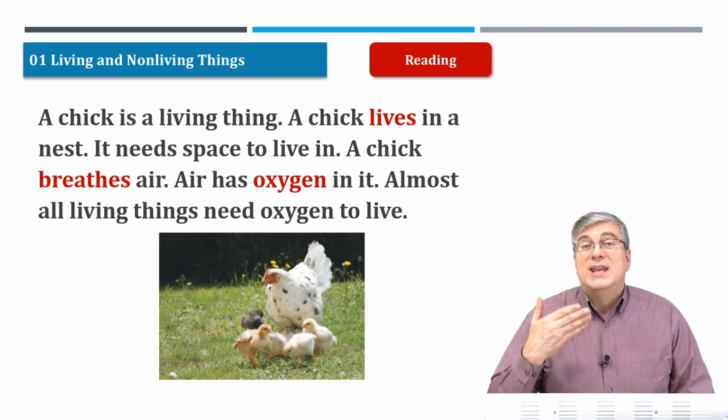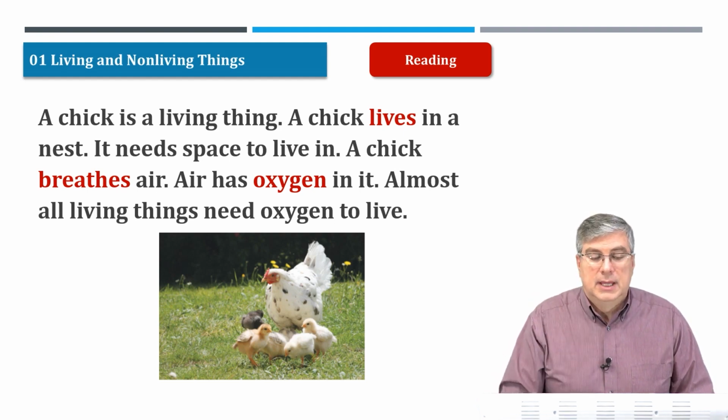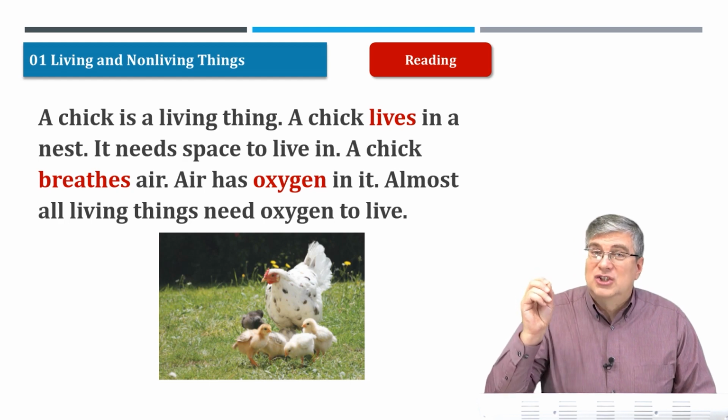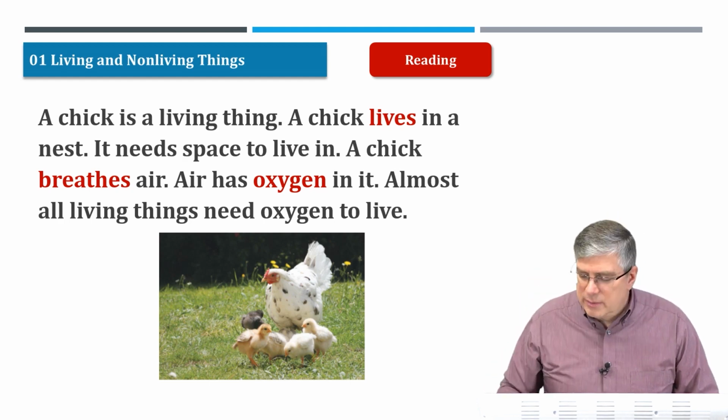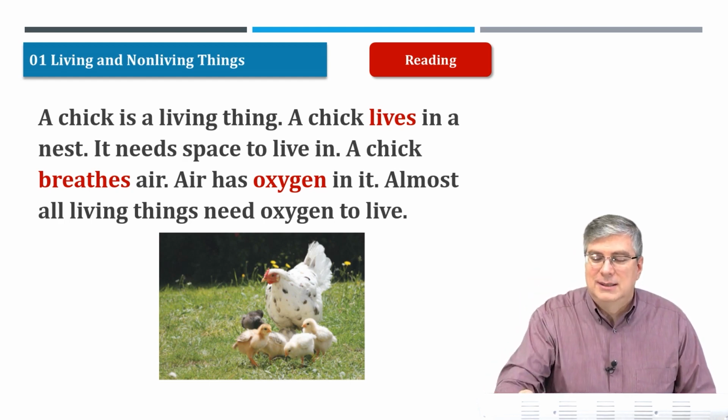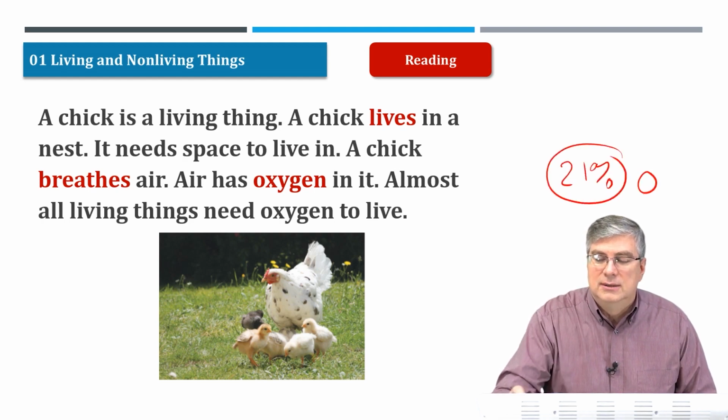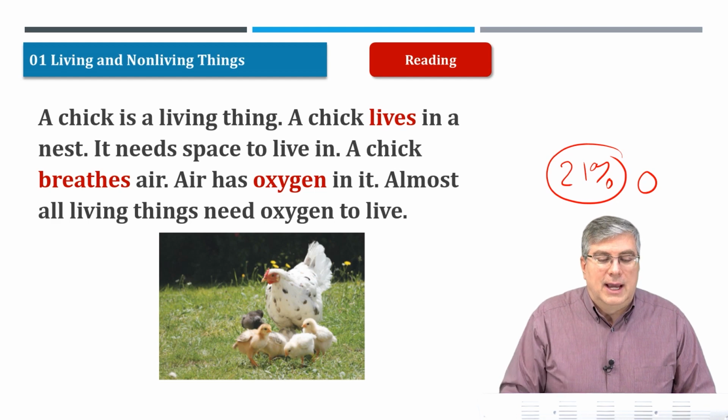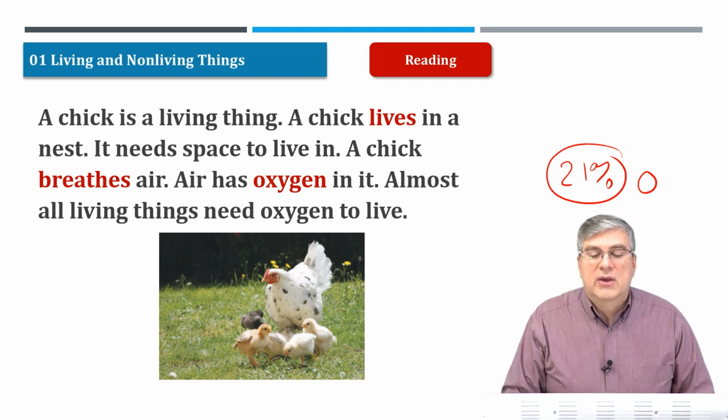A chick breathes air. Air has oxygen in it. Do you remember how much? Right? Usually 21% oxygen. Okay? Okay, air has oxygen in it. Almost all living things need oxygen to live.